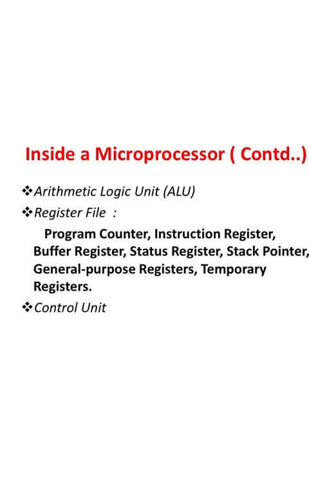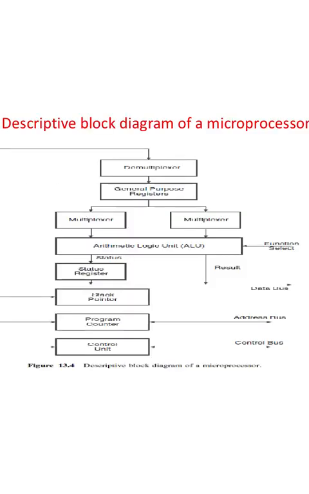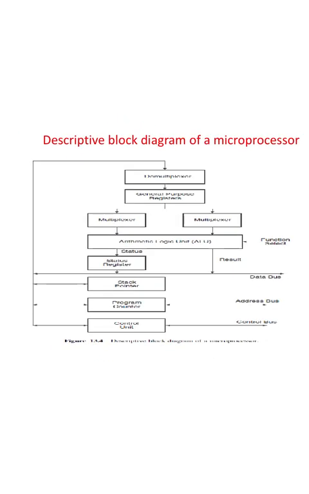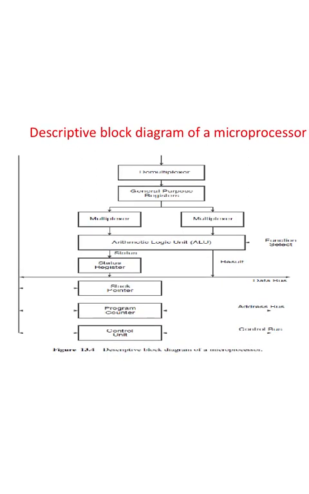The register file consists of the program counter, instruction register, buffer register, status register, stack pointer, general purpose register and temporary register. These are the register file, and you also have a control unit which controls everything. This is the descriptive block diagram of the microprocessor.